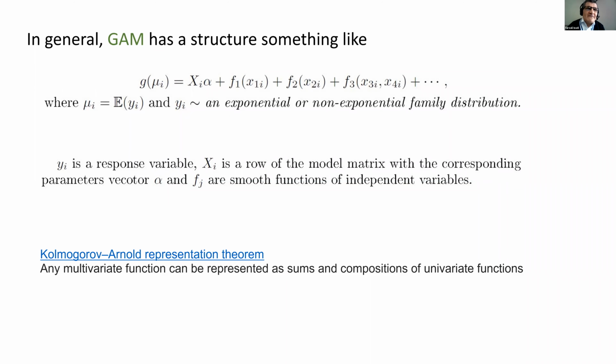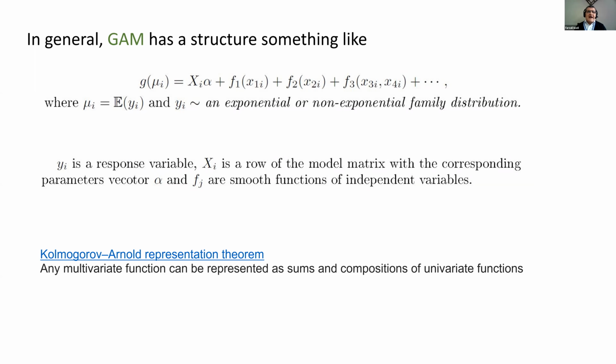To make the long story short, if we make g identity and remove all the other functions f1, f2, and so on, we have just an ordinary linear, what is called general, model.